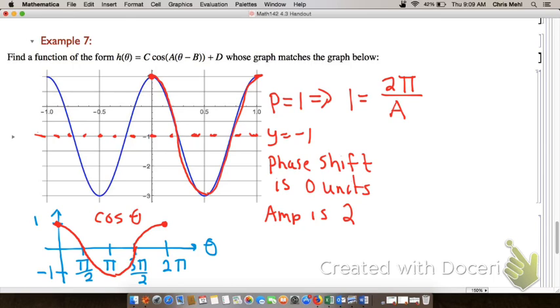So A and C, when you're starting with the graph, you can always fix it in such a way that A and C are always positive. When you solve for A, you're going to get that A has to equal 2 pi. Okay, now the midline being negative 1 gives you capital D is negative 1. I'll actually switch colors as I write some of this stuff down.